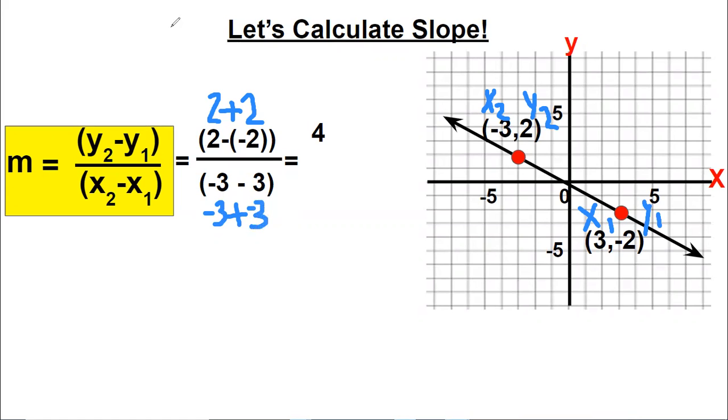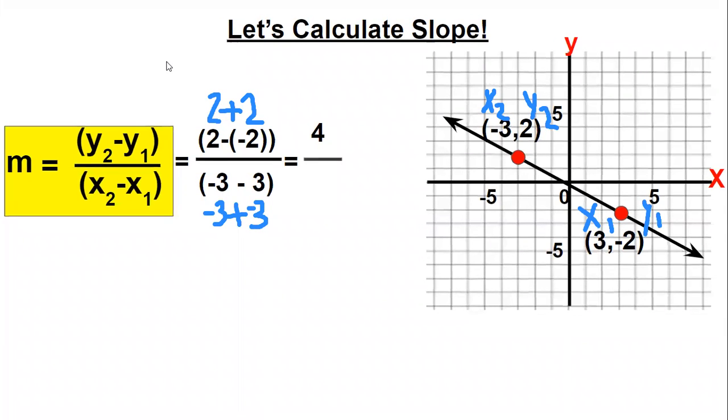So what is -3 plus -3? -6, right. And then we can reduce it. Divide the top by 2, divide the bottom by 2, and you get 2 over -3. So the slope of that line is 2 over -3, or -2/3.